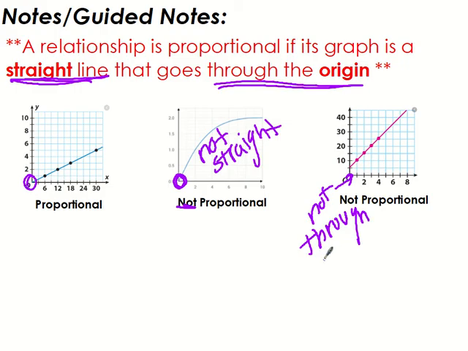It is straight, but it has to go through the origin. So that's what makes this one not proportional. It has to have both things happen. So the first one's the only one that's proportional because it goes through the origin and is straight. If you can say not for one of those, not straight or not through the origin, then it's not proportional.